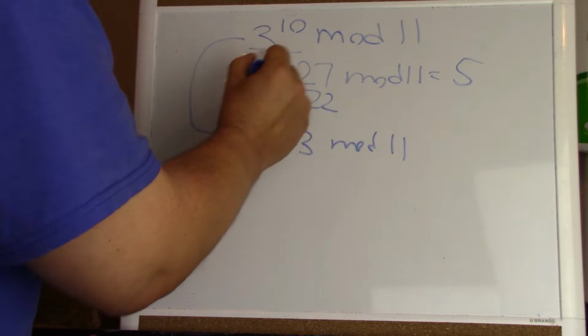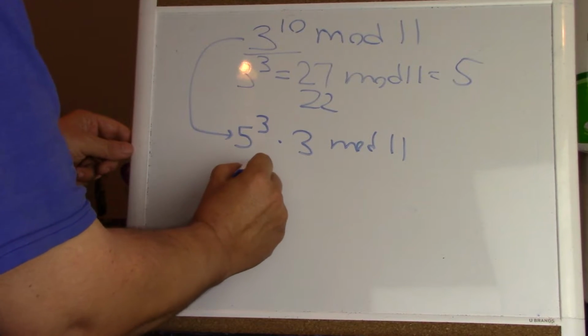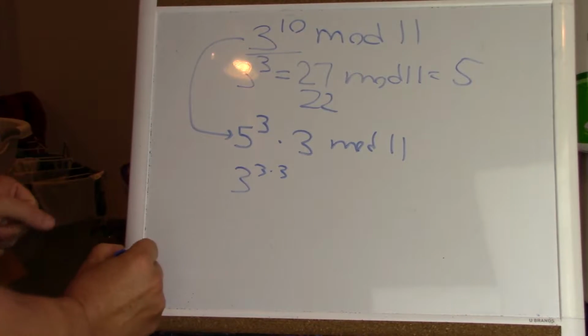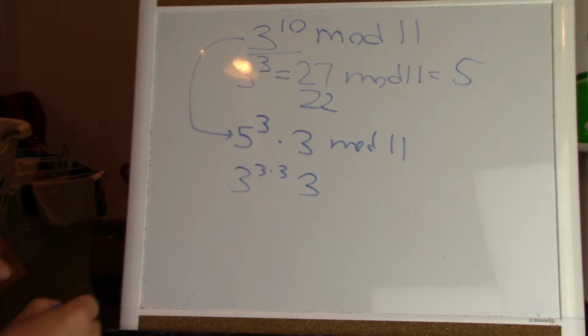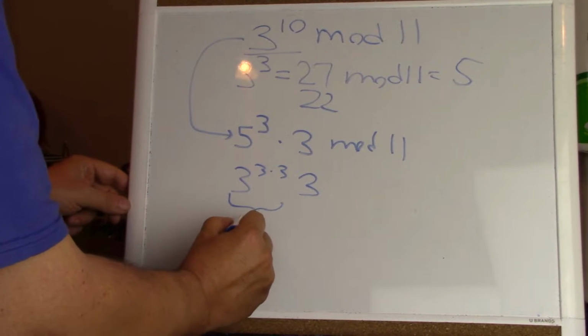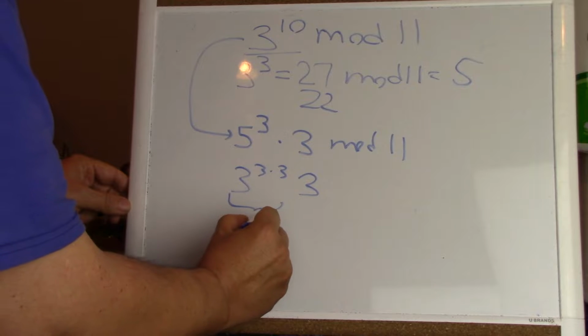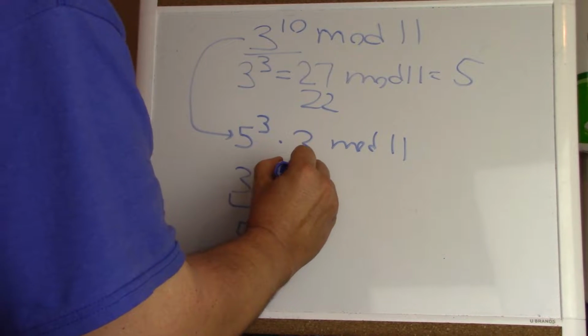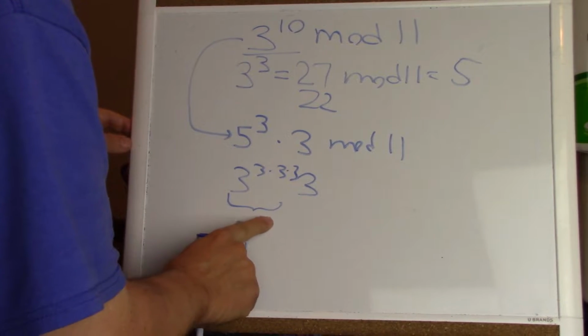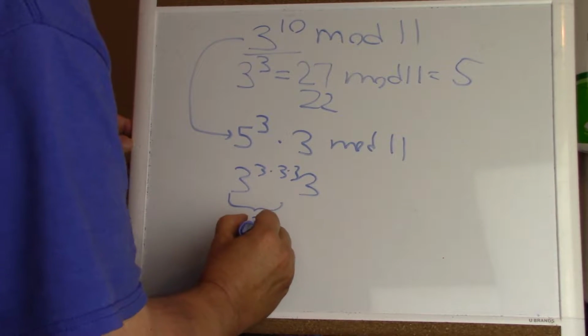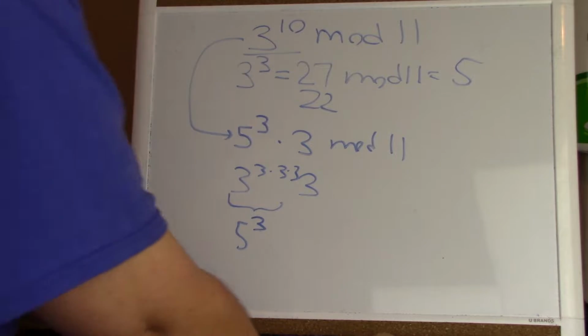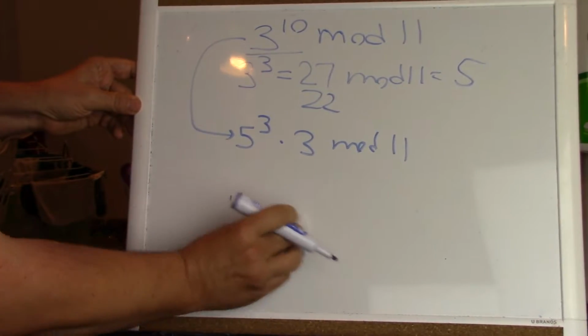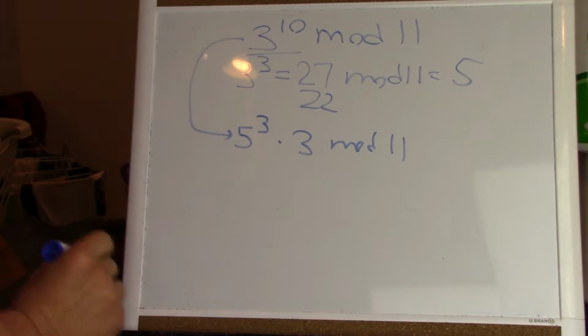So here we took 3 to the 3 times 3, and then this became 5 squared. But actually, I should have said there's 3 of them. Yeah, there we go. Alright, so now we're down to 5 cubed times 3 mod 11.